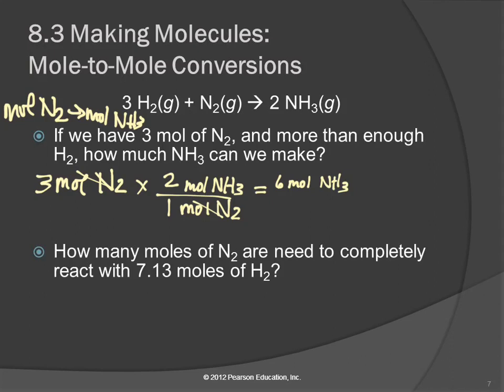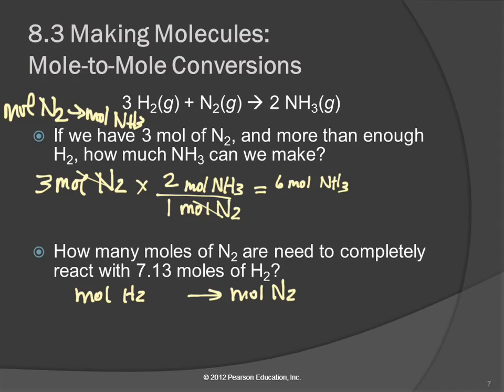Okay. How many moles of nitrogen are needed to completely react with 7.13 moles of hydrogen? Now, this isn't a whole number, is it? They're asking us to find moles of nitrogen. How many moles of nitrogen? That's what we're going to. And what are we starting out with? Moles of H2.